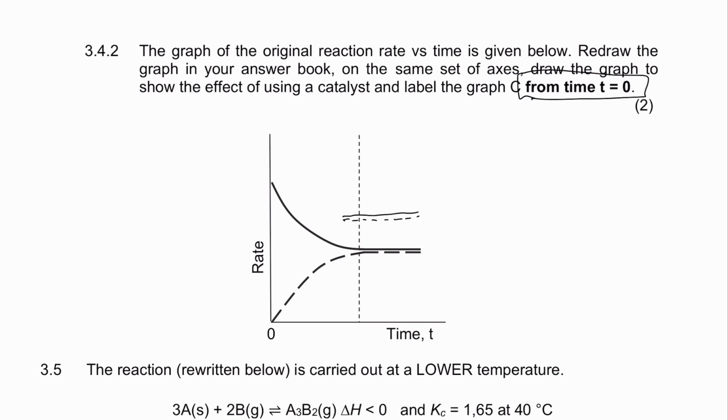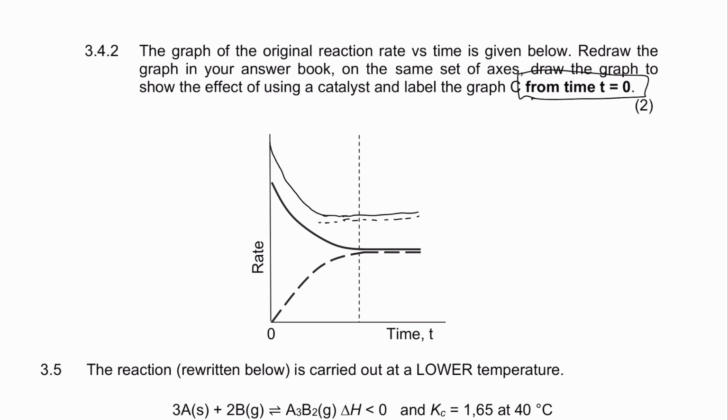Also, it will reach equilibrium, in other words, it will flatten before this time right here. So we just need to make sure that it flattens before that. And then we just need to draw our curves. The rate is going to be higher at the beginning, so it's going to start at a higher point, like so.